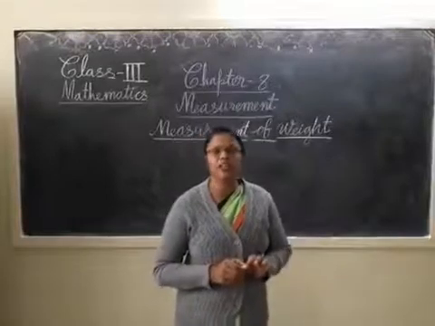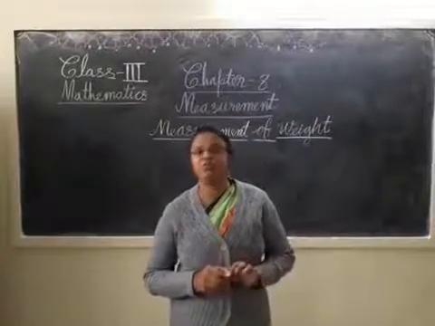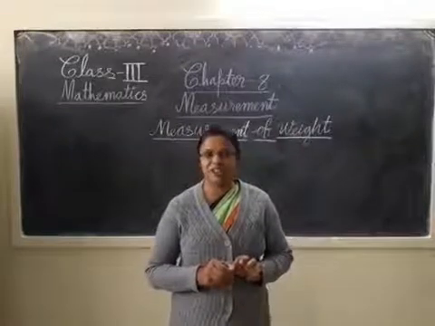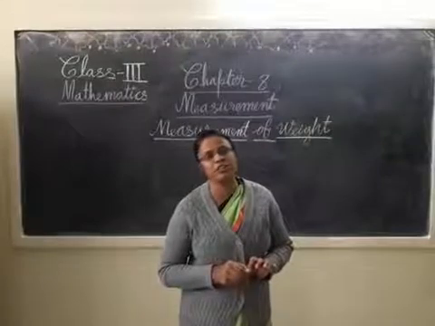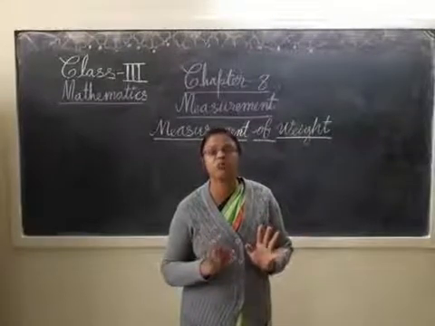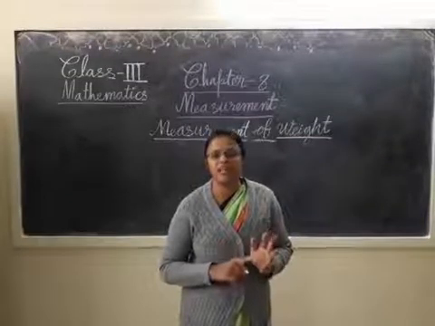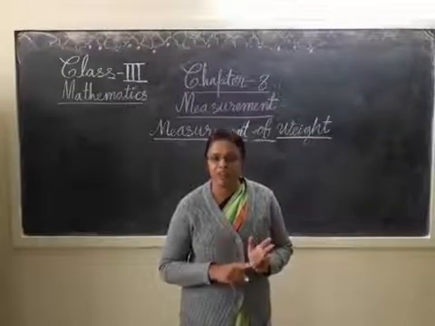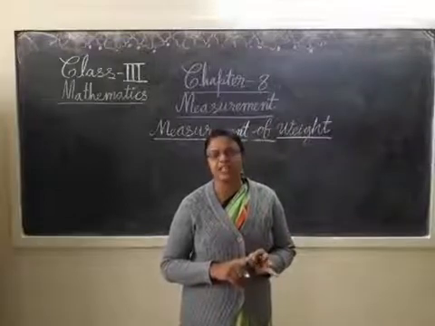We use this weighing balance, in which one pan holds the known weight. You might have seen that it is always made out of iron. It comes in 100 gram, 500 gram, 200 gram, everything is there.